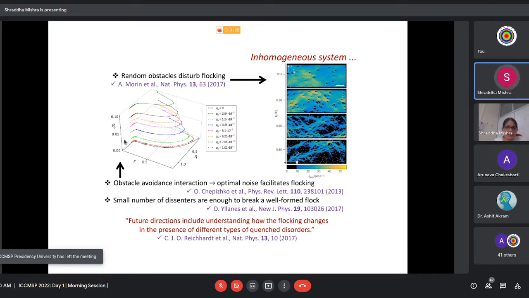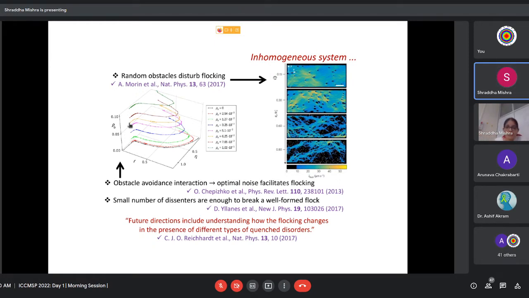It is mostly black, meaning zero current. So the obstacles have disturbed the flocking or the current in the system. This looks like a rather trivial thing, but basically, people want to study how the obstacles disturb the flocking, whether we can retain the long-range ordering or not, or maybe the obstacles can even give some positive mechanism for ordering in some sense.